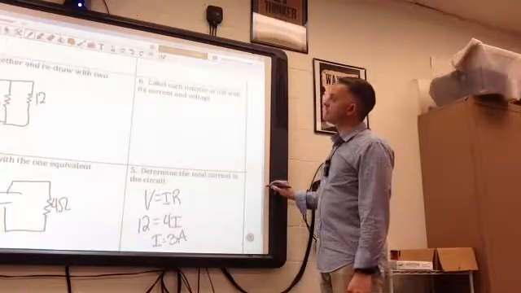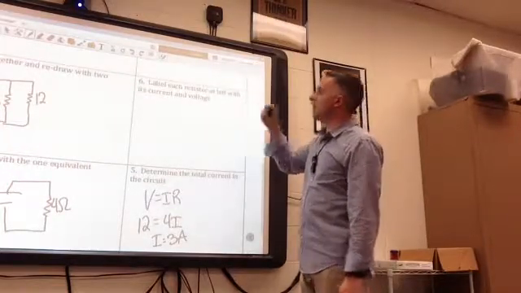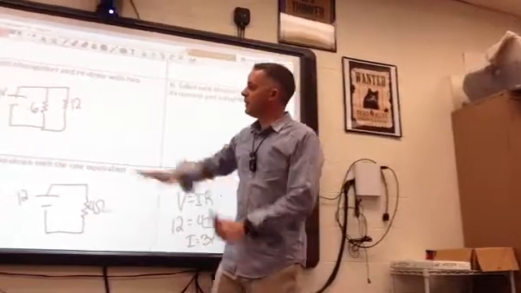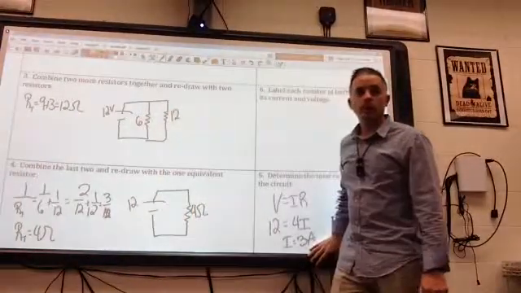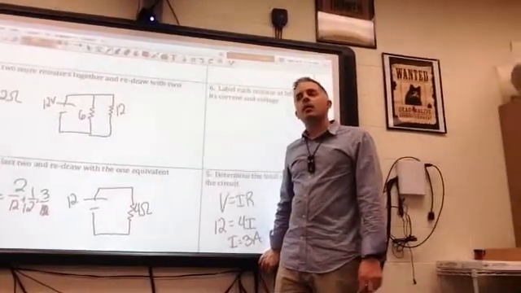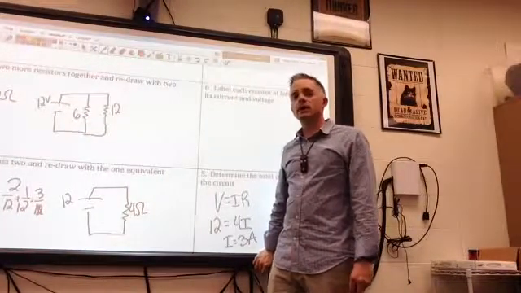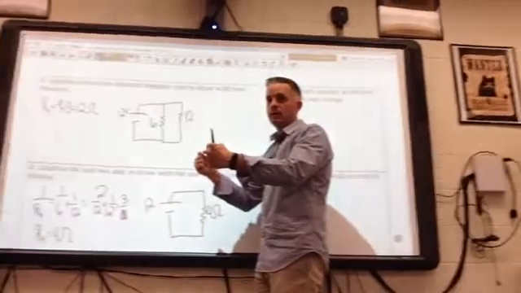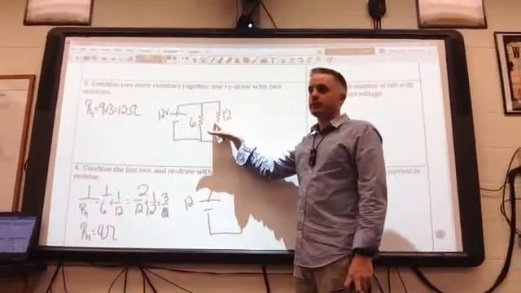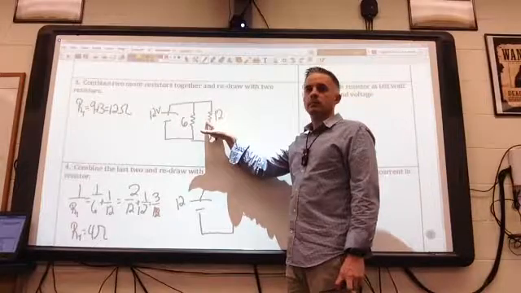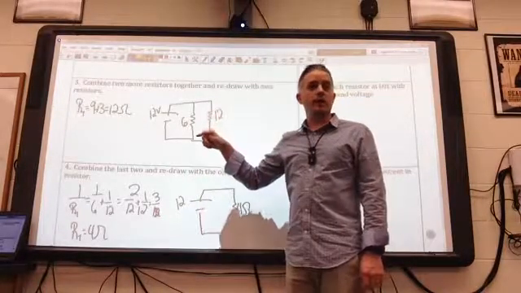So now let's label each resistor at the left with its current and voltage. Now we know some information. In a parallel circuit, because now we're unraveling it, what does each resistor get the same of? They get the same voltage, right?